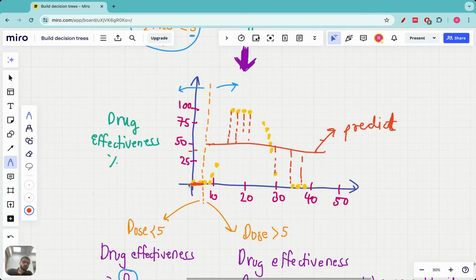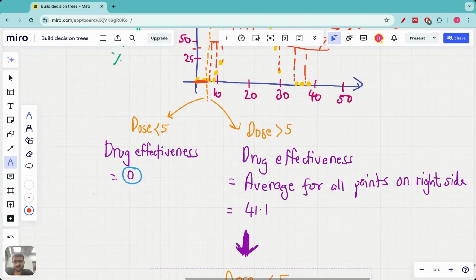So once you add them together, for all the points on the left hand side of this line, those less than 5, the error will be 0. But all the error will be coming from all the points on the right hand side. So we'll be finding these distances, the residuals, we'll be squaring them and we'll add all of them together. And then we'll plot them on the SSR versus the drug dosage graph.